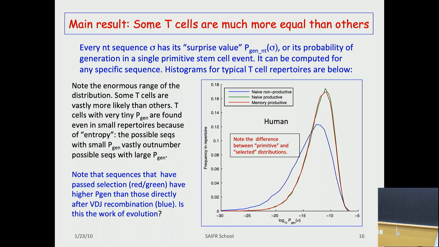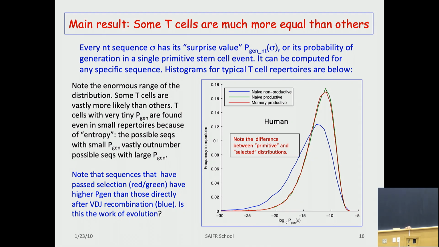Not every productive sequence is going to make it through the thymus and into the blood as a potentially functional T-cell receptor, because we know that it's necessary to edit some of them away in order to avoid self reactions. So the red and the green curves are this distribution of generative probability.